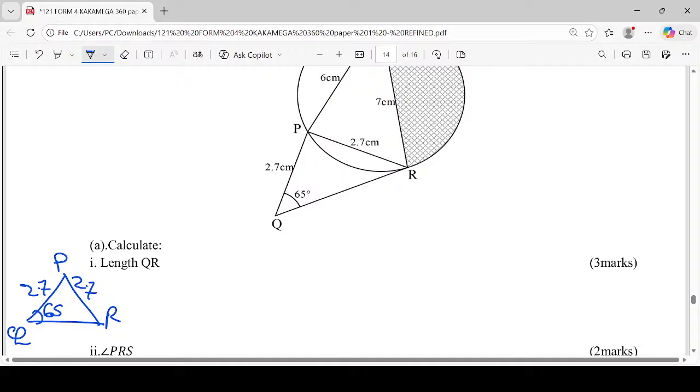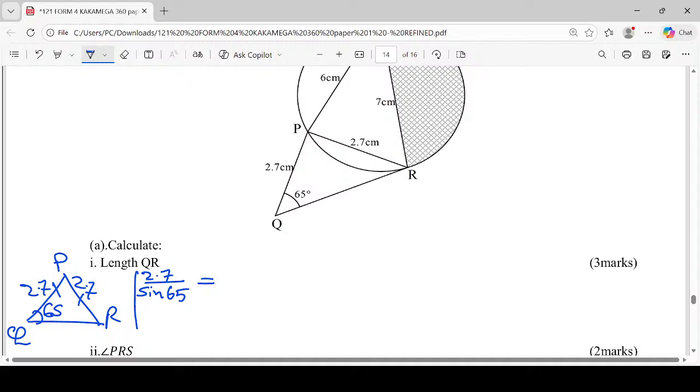The sine rule here will be 2.7 over sine 65 should be equal to, look at this, because PQ is equal to PR, then this triangle is an isosceles triangle. And an isosceles triangle has the base angles equal.